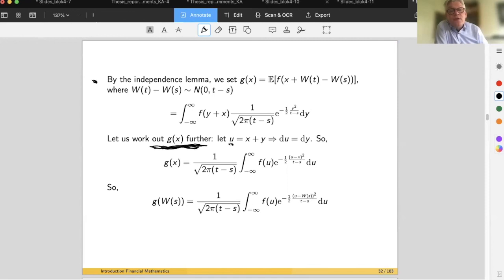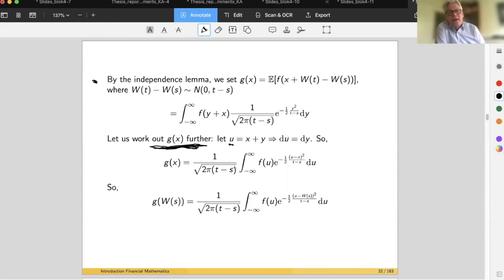Let u be x plus y, and then du is equal to dy. So g of x is then, this we just take out of the integral because it is a constant, 1 over the square root of 2 pi (t minus s).